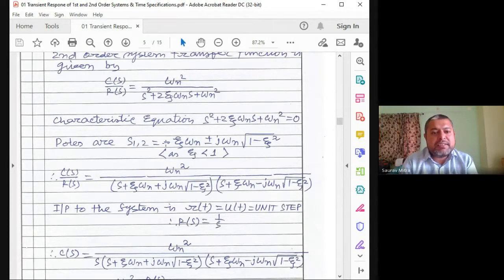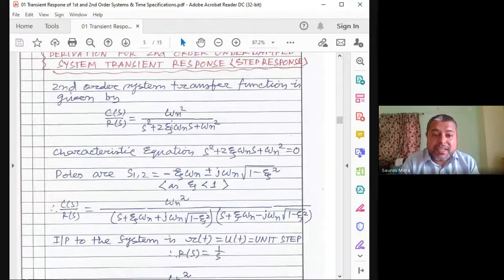In this case, we are finding the standard transfer function of a second order system. One thing I would like to tell you is that though we are doing it for an RLC system, the same proof will be applicable for an MBK system as well. In the MBK system, omega n and zeta will have different formulas, but omega n and zeta will still be there.